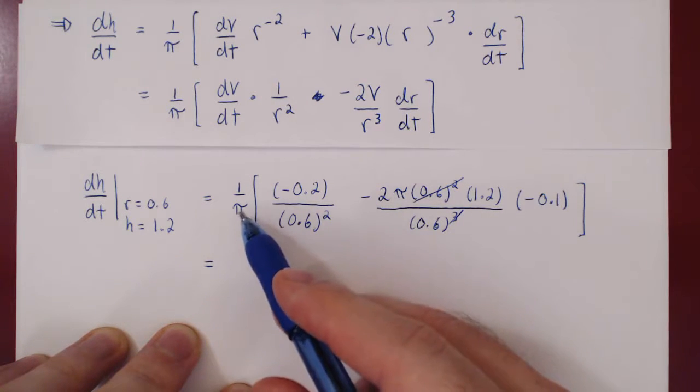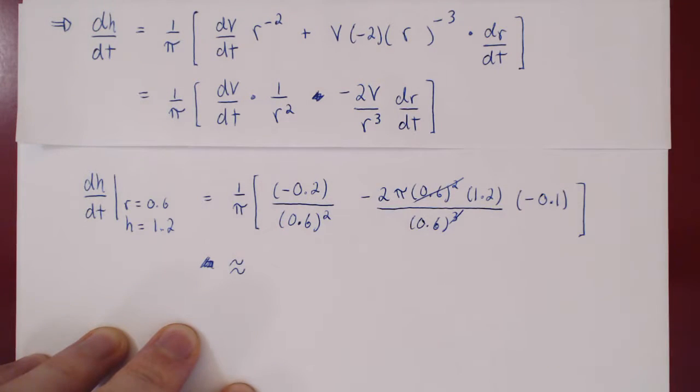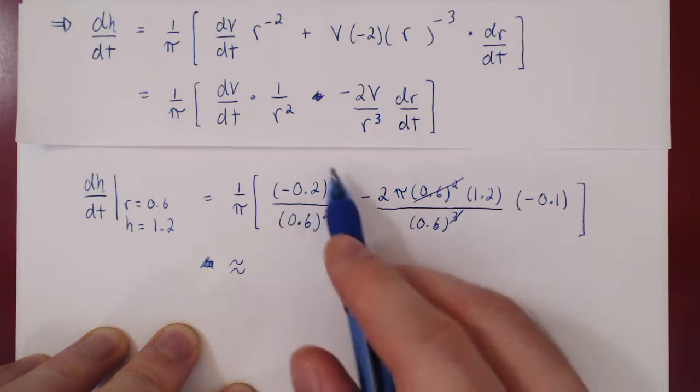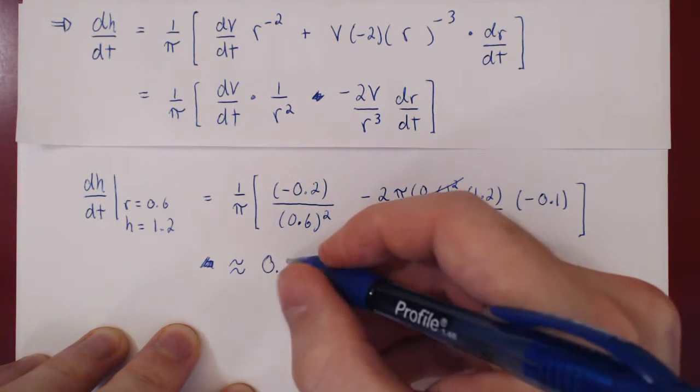Of course, we'll have an approximate answer. After you compute all of this and divide by pi, you'll get approximately 0.223.